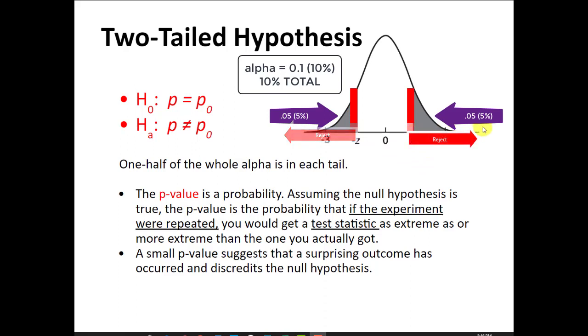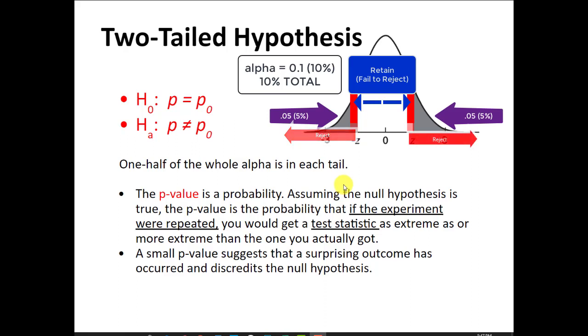Anything from here up is going to get rejected, okay? Anything that falls in this center area, I'm going to retain the null. So reject the null from negative Z down, reject the null from positive Z up, and anything in the white area means retain the null. There is not sufficient evidence that we should reject the null, okay?